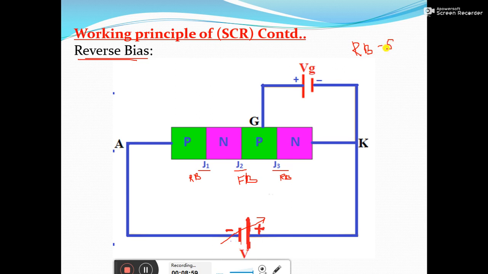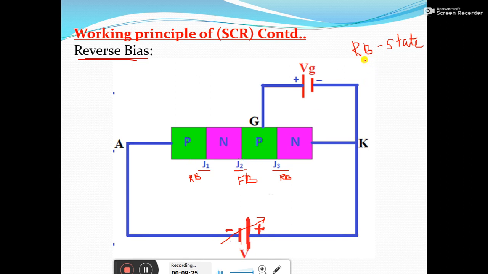Let's say we increase this reverse voltage further. At some value of reverse bias, the junctions J1 and J3 will collapse or get destroyed. Again, a large amount of current will flow from anode to cathode, destroying the SCR permanently.